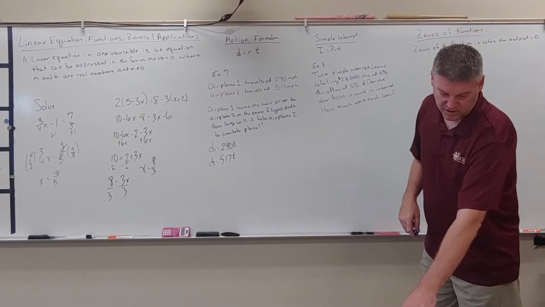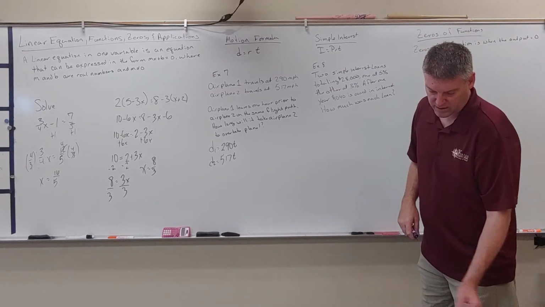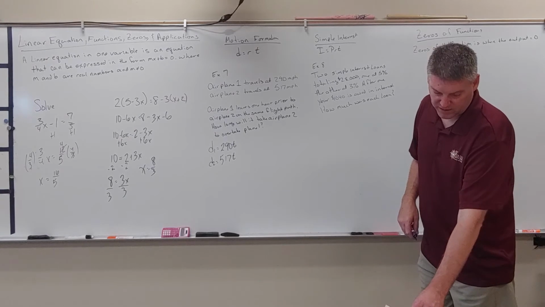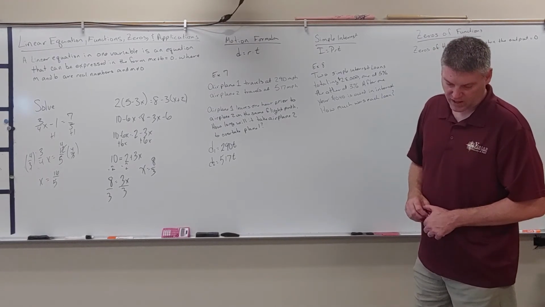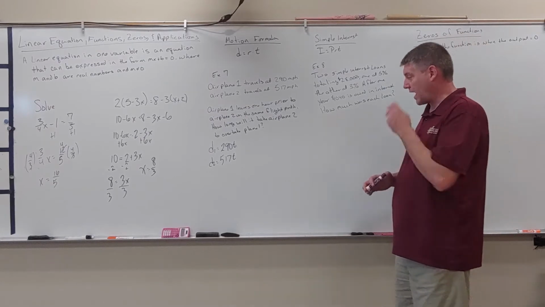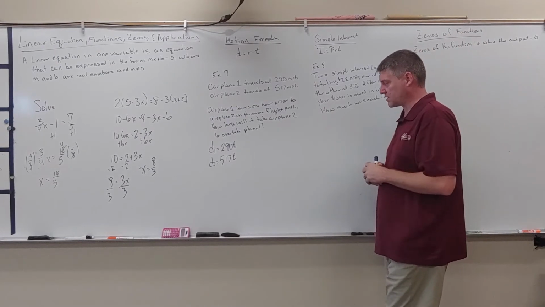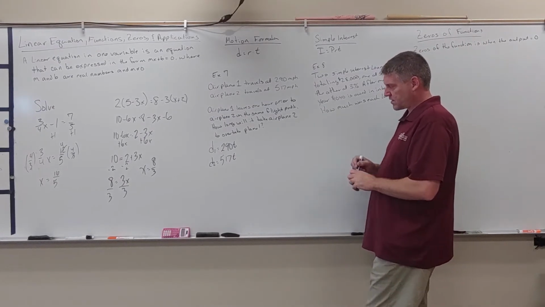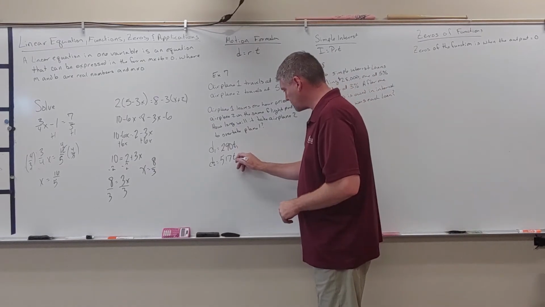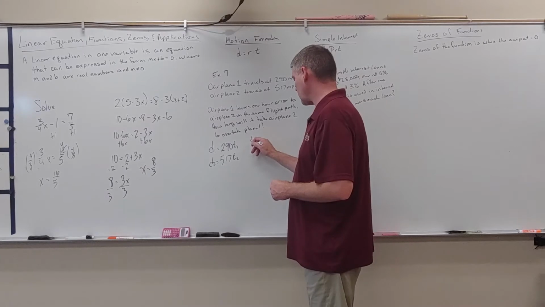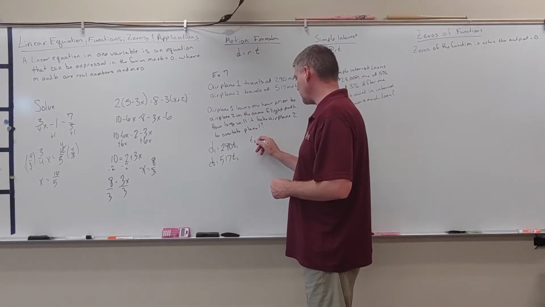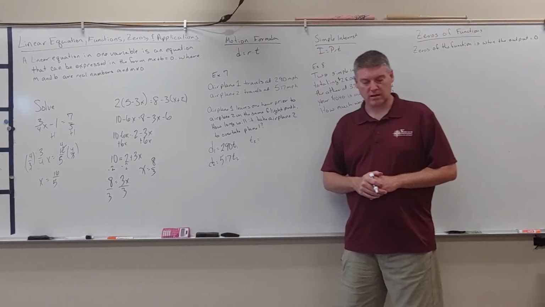And so we want to make sure that we understand that each of these is flying for that amount of time. Now, this would be T1 and this would be T2. Well, how is T2 related to T1?